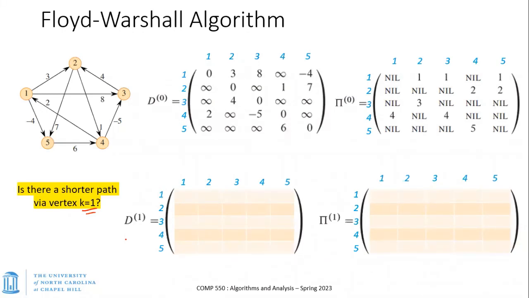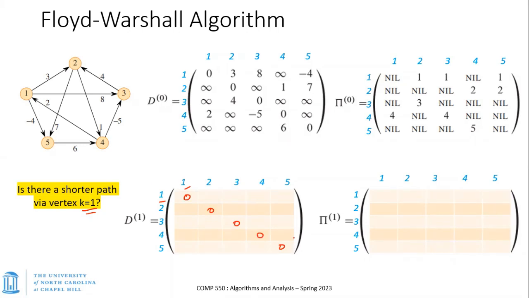Can somebody try to fill this out? Looking at, let's say, 1 through 1, can we improve the distance from 1 to 1 while going through 1? It's kind of an unnecessary question. The distance from x to x is already 0, and you can't do better than that. So these are all going to be initially 0, and they're going to hopefully remain 0.